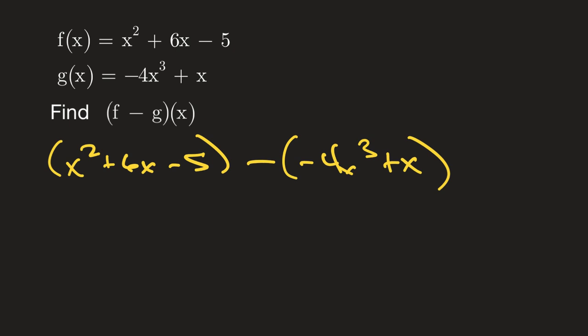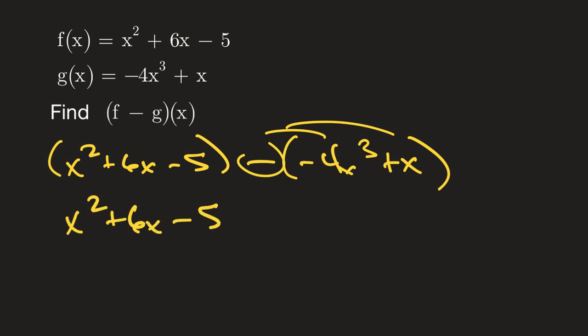The minus sign is going to affect all signs behind it. So that minus sign right there is going to change. So x squared plus 6x minus 5 plus 4x to the third minus x.